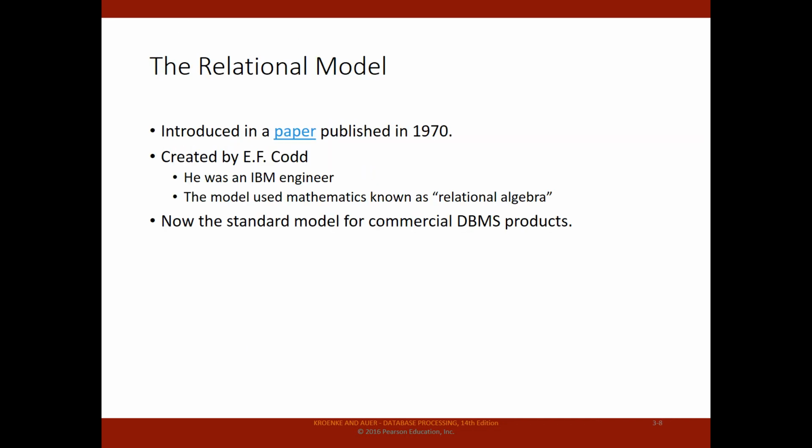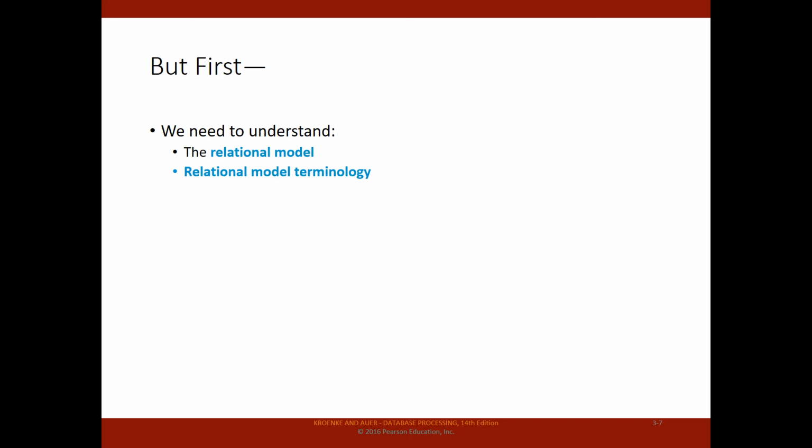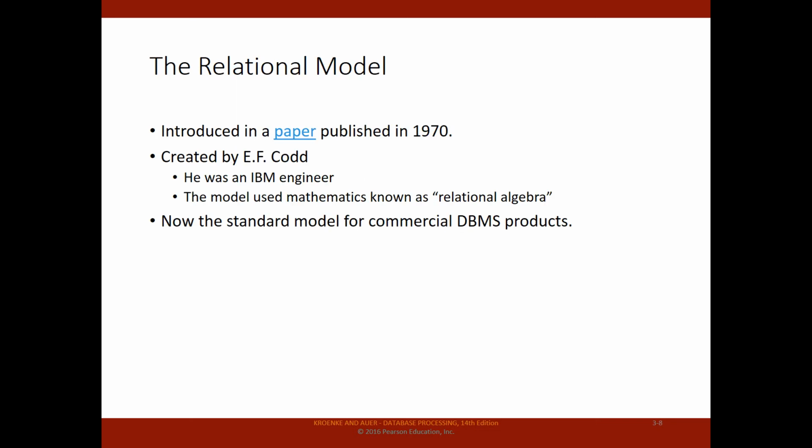Now we need to talk about the relational model. As we all know, Codd is considered the godfather, the one who introduced relational databases to us. He was an IBM engineer and introduced relational databases in 1970.